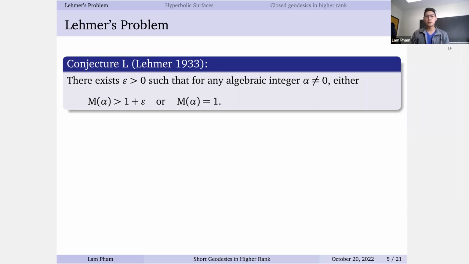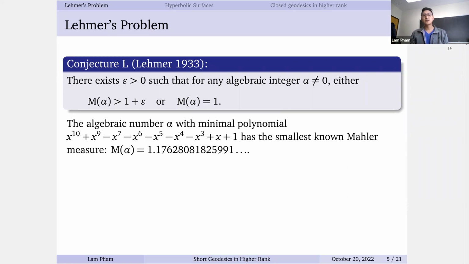So M(alpha) is strictly greater than 1 with a uniform lower bound for any degree and any algebraic integer which is not a root of unity. This problem was stated in his 1933 paper, and to date there are only partial results in several different directions, but this is still considered to be widely open.